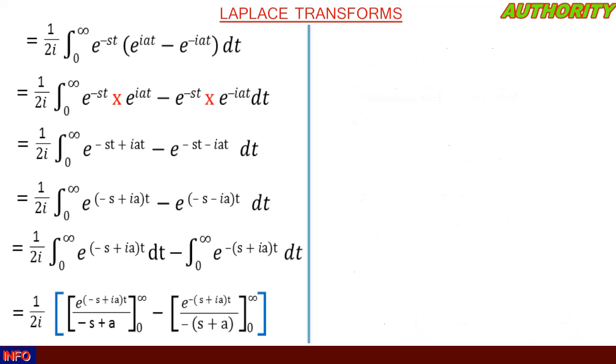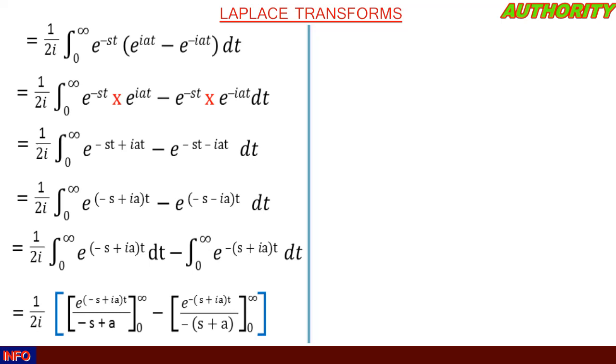We have 1 over 2i, open bracket, e raised to the power of minus (s plus ia) t, all over minus (s plus ia), on the interval from 0 to infinity, then minus e raised to the power of minus (s plus ia) t, all over minus (s plus ia), and then our limit from the lower limit to the upper limit, which is from 0 to infinity.